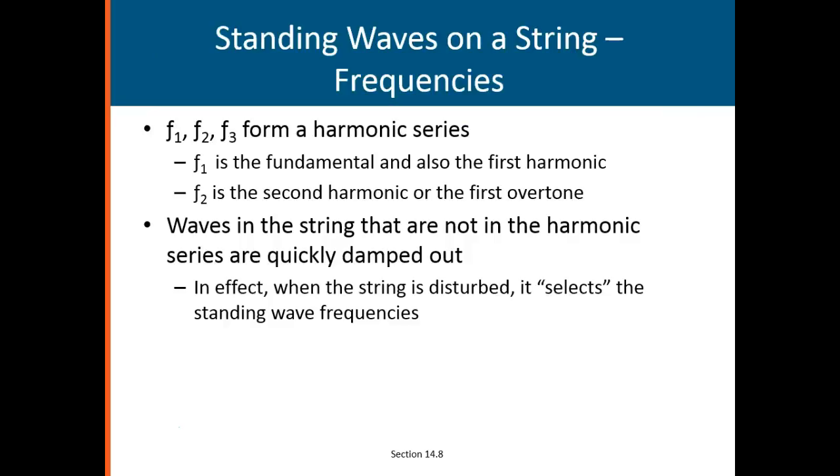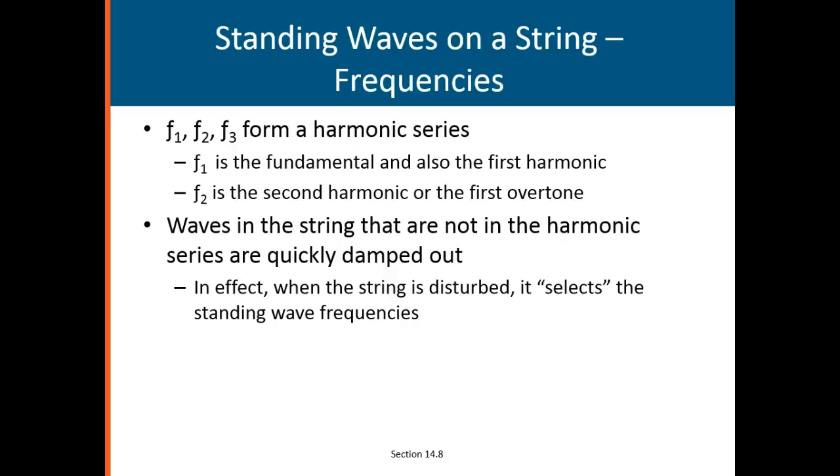F1, F2, F3 form a harmonic series. F1 is the fundamental, also the first harmonic. F2 is the second harmonic, or the first overtone. Oh boy, they have to have so many different names for them. F3 would be the third harmonic or the second overtone, and so on. Waves in the string that are not in the harmonic series are quickly damped out.